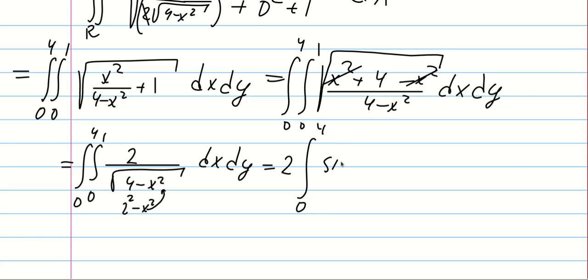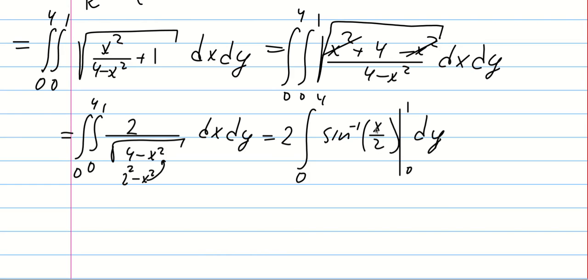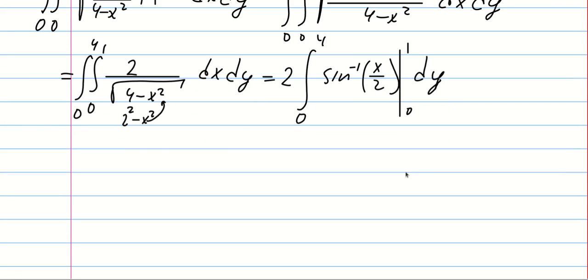So we'll get arc sine of x over 2 dy, evaluated from 0 to 1. If we plug in 1, arc sine of 1/2 is pi over 6. If we plug in 0 for arc sine, we get 0.